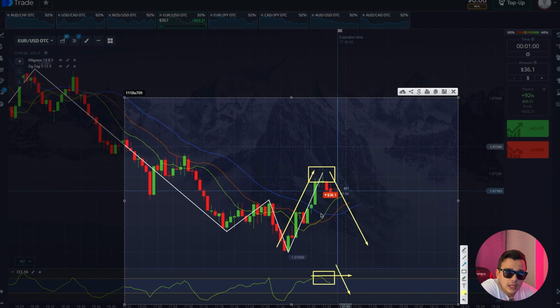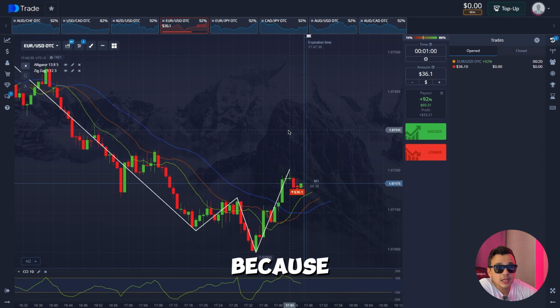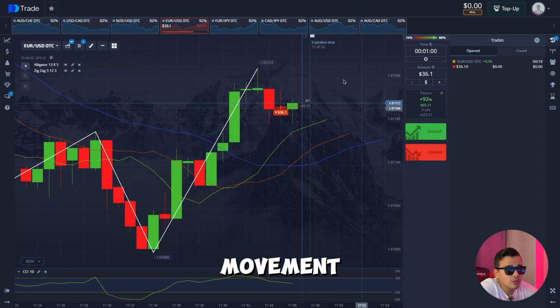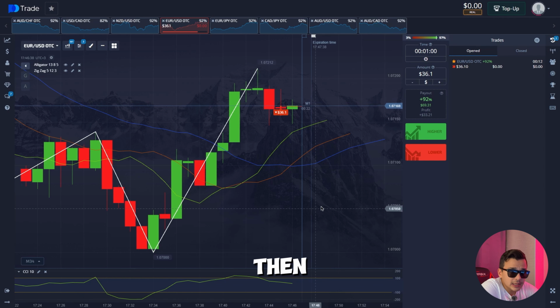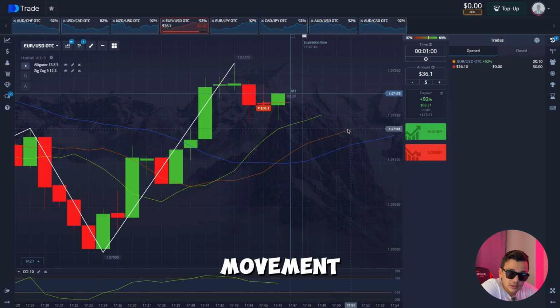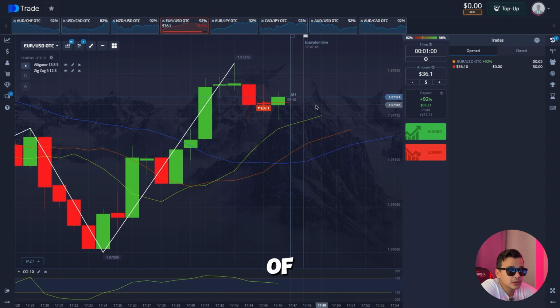Here the moving Alligator has not yet had time to turn around, because the Alligator shows the movement a little bit late. That is, it only then fixes the price movement. So we are opening the trade here ahead of time.